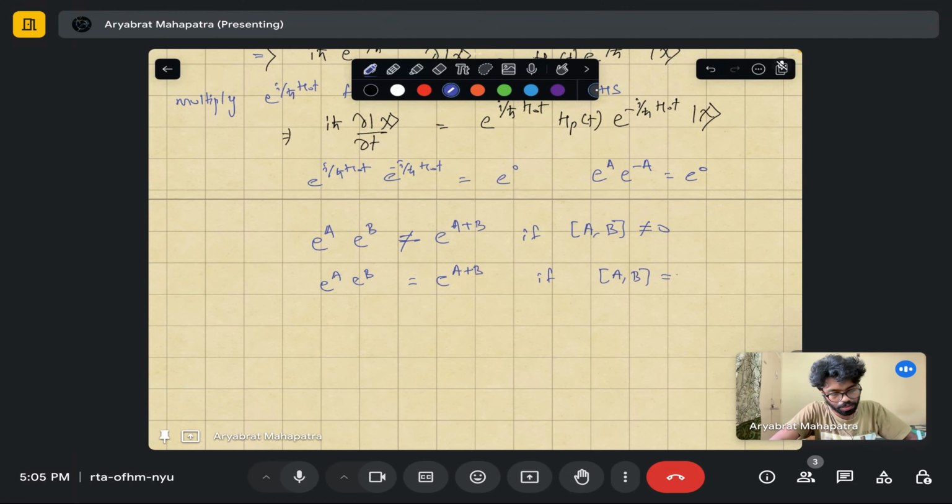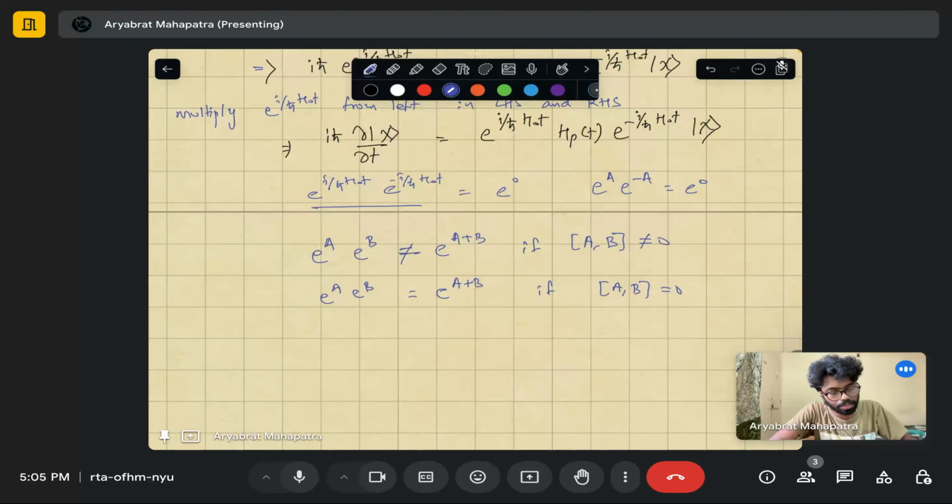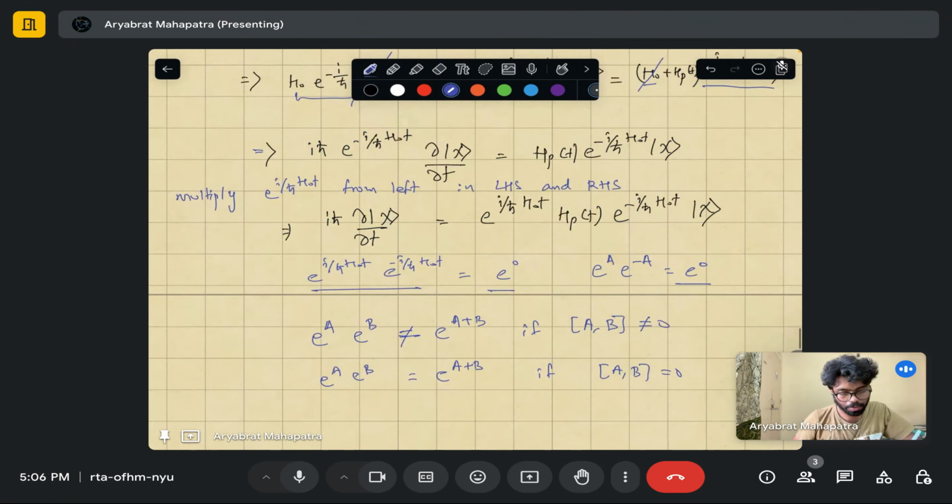Same here, I can write this as e to the power 0, because A commutes with itself, that is the commutator with A is 0. That is why I can write that. So when I multiply the exponential from the left, in LHS this term effectively becomes e to the power 0, that is one.